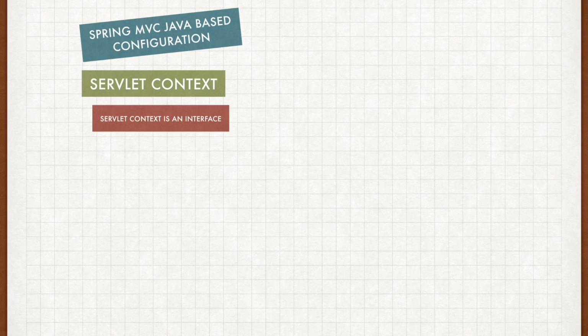As a developer, we do not give the implementation of the servlet context interface. Then who actually gives it? Your web server is responsible for giving the implementation for the servlet context interface. The servlet context interface is given by Java people, by Oracle. Now the implementation for the servlet context interface is given by your web server vendor.